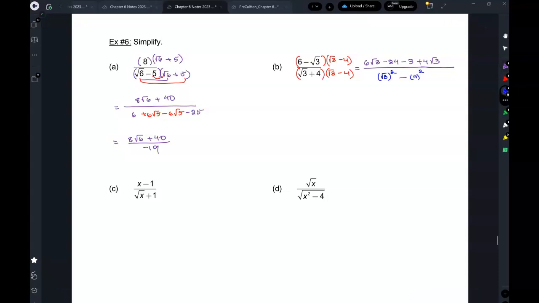Always, because it's a plus b, a minus b. So finally, here I have 6 root 3 plus 4 root 3, 10 root 3 minus 27 over 3 minus 16 is how much? Negative 13.